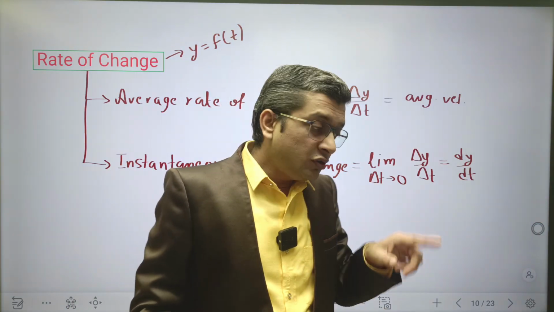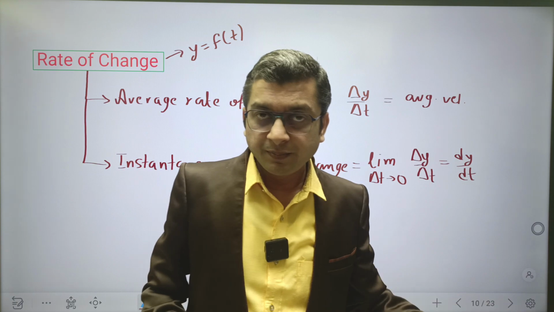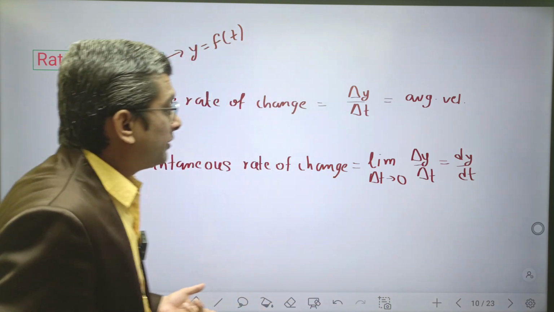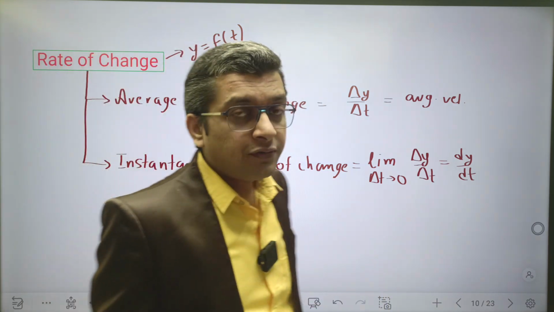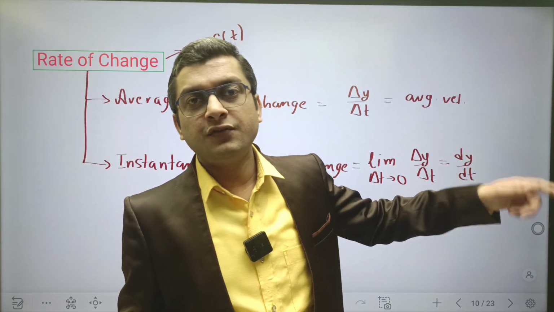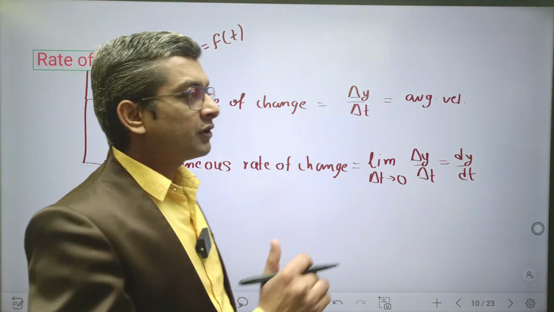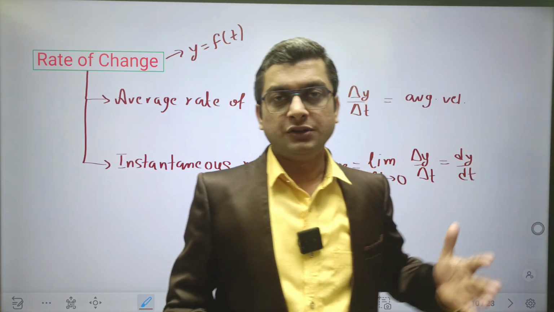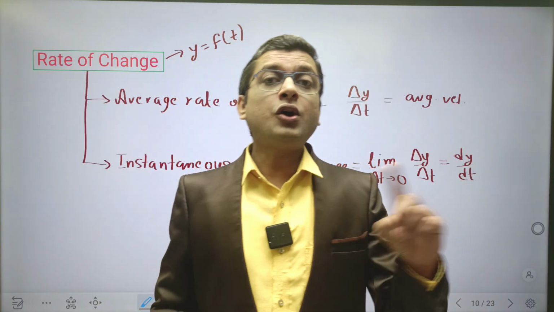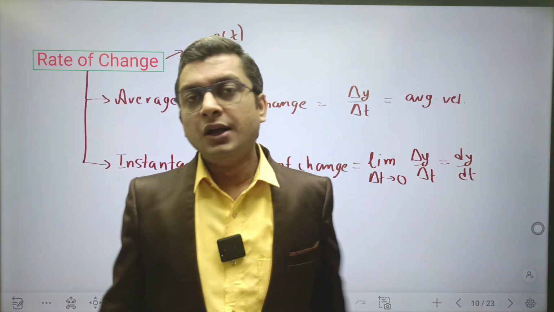So your speedometer shows different readings, not a fixed one. In that case, the instantaneous velocity is not equal to average velocity.